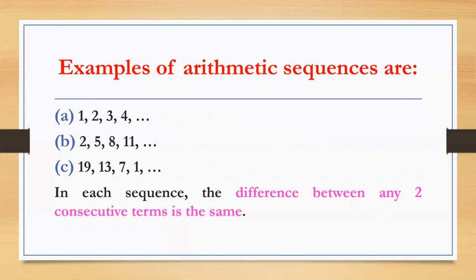But the difference between any two consecutive terms will always be the same because I'm subtracting 6. So here also we have an example of an arithmetic sequence. But the difference here is that we are subtracting instead of adding as in the two previous examples.